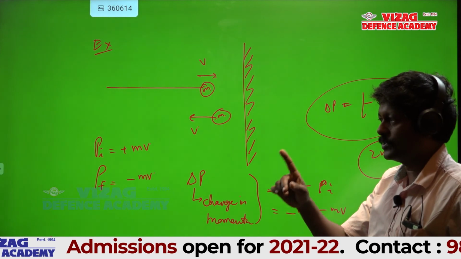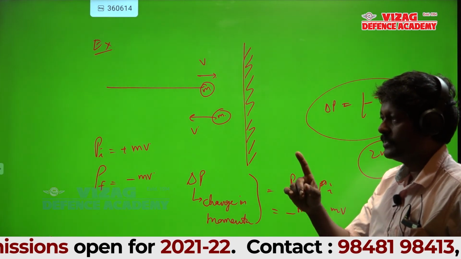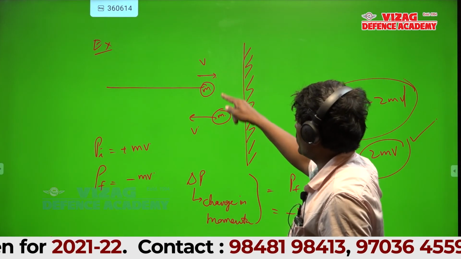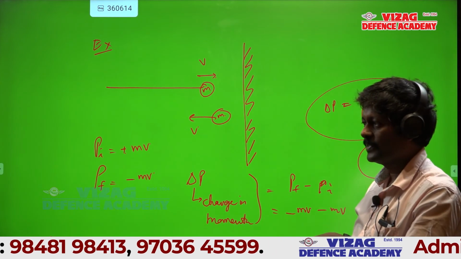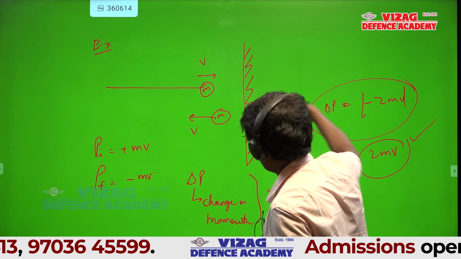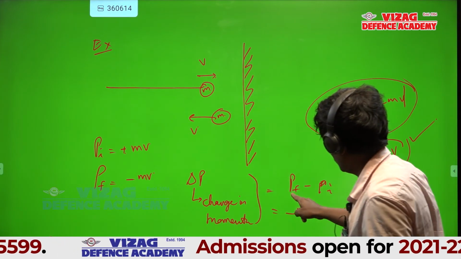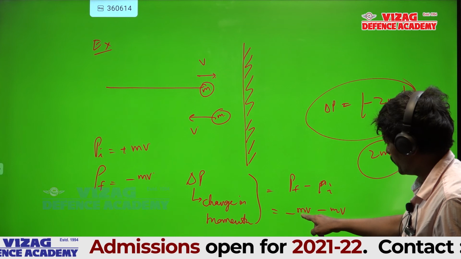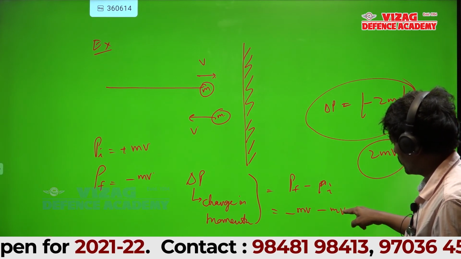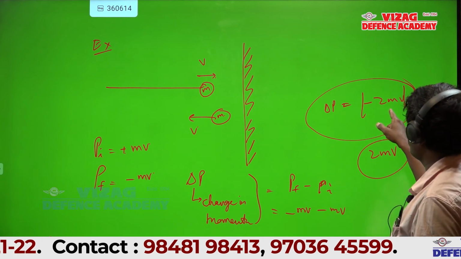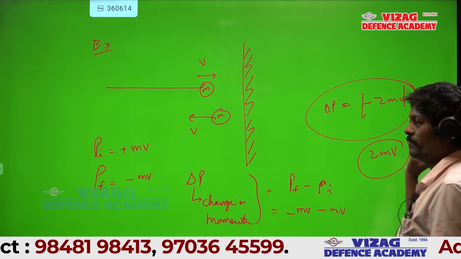all of you will think mv minus mv is 0. No, momentum is a vector. If this is positive, this will be negative. Final minus initial. Final is minus mv, with the minus sign in the formula, initial is plus mv, giving minus 2 mv, whose magnitude is 2 mv.